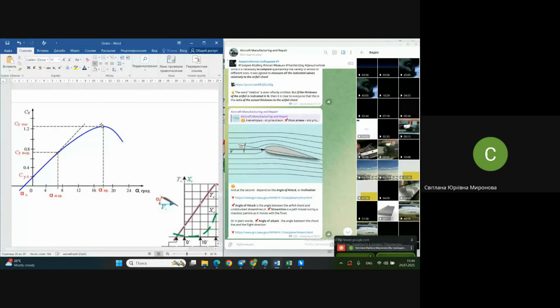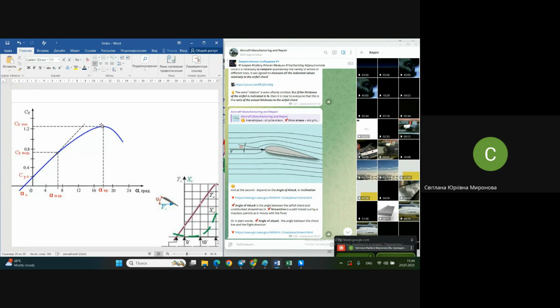Stall is a sharp motion of the airplane due to this sharp reduction of the lift and traveling of this point of separation, due to separation of flow from the surface of the wing, of the airfoil.